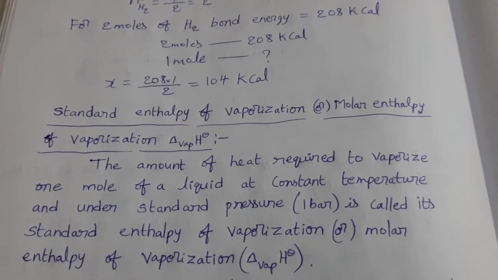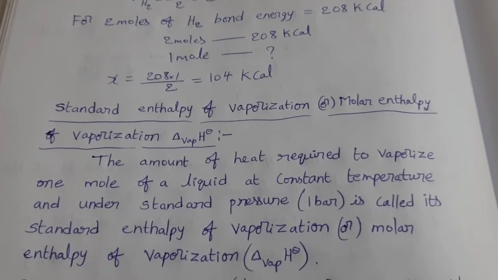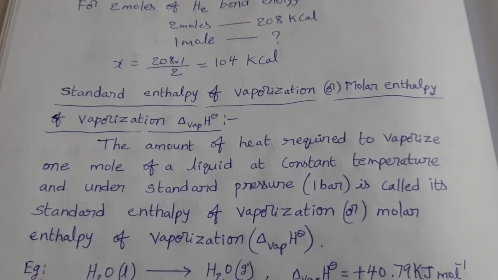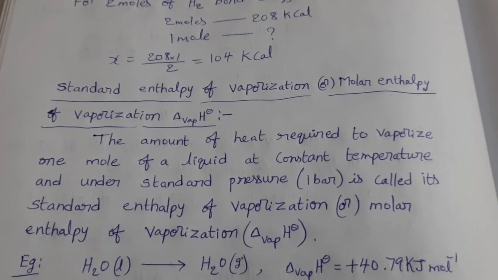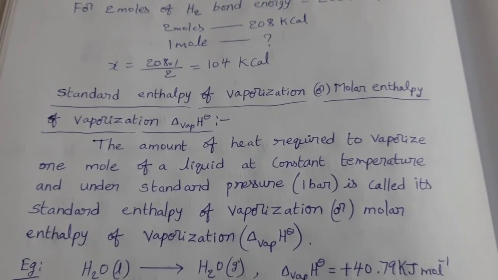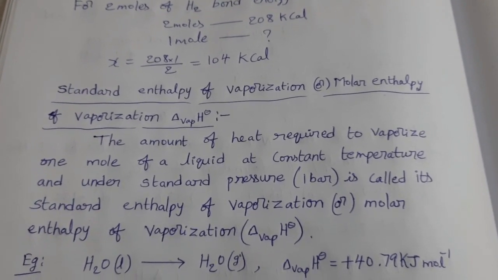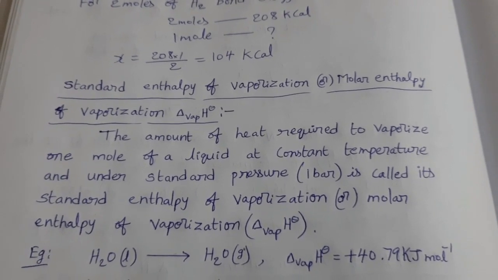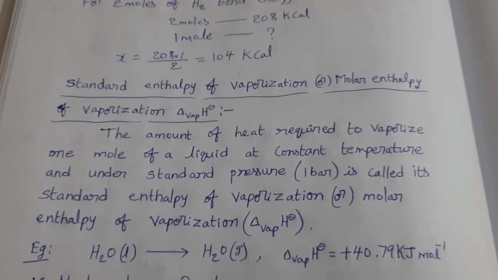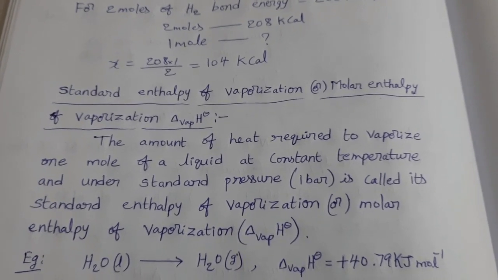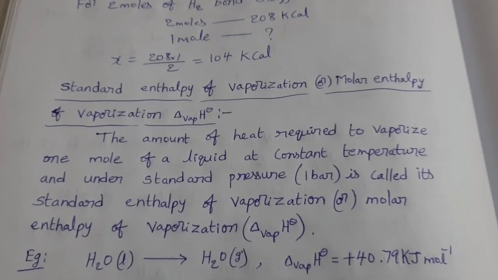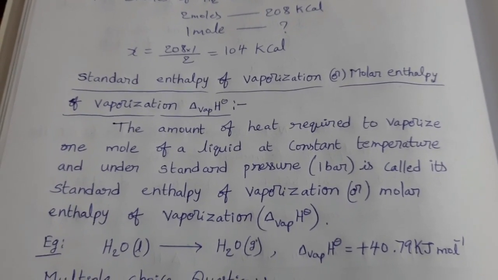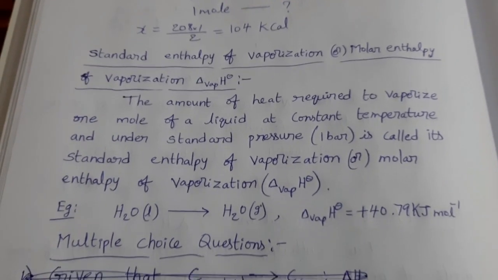The amount of heat required to vaporize 1 mole of a liquid at constant temperature under standard pressure, that is 1 bar, is called its standard enthalpy of vaporization or molar enthalpy of vaporization. Take 1 mole of the liquid and vaporize that liquid at constant temperature and 1 bar pressure. The required heat energy is the standard enthalpy of vaporization.